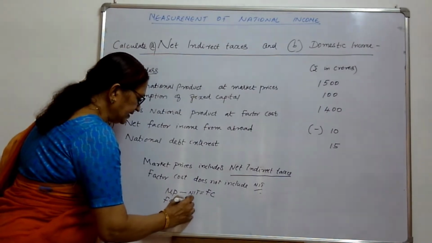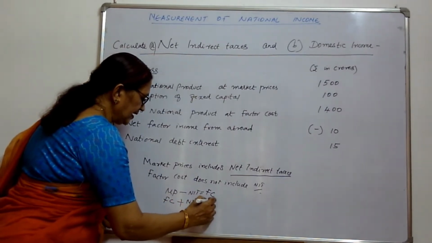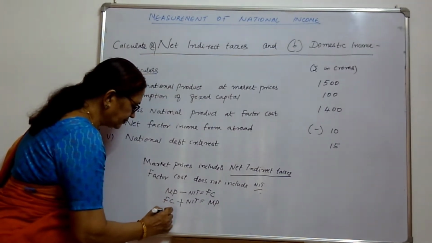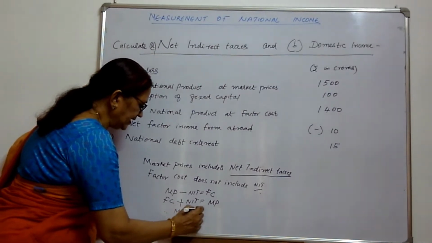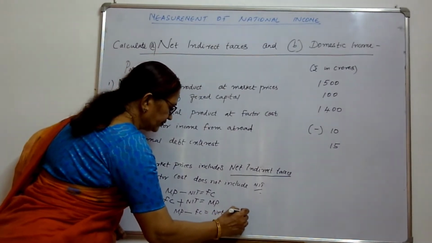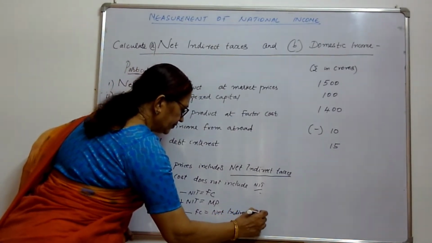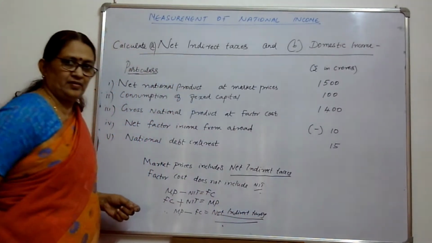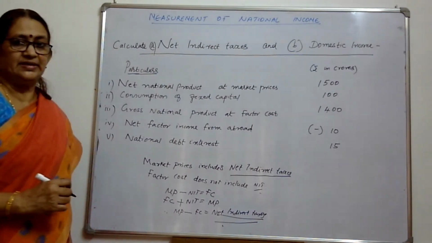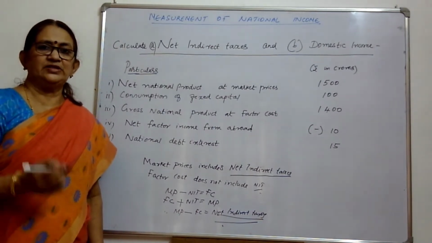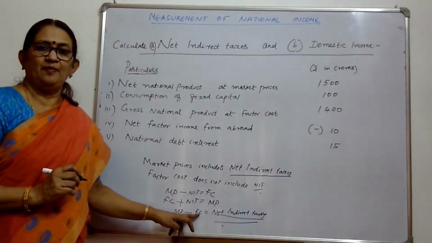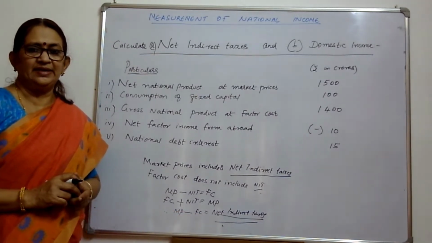Factor cost plus net indirect tax, we will get market price concept. Therefore, market price minus factor cost, we will get net indirect taxes. Okay, so market price minus net indirect tax, we will get factor cost. Factor cost plus net indirect tax, we will get market price. Therefore, market price minus factor cost, we will get net indirect taxes.